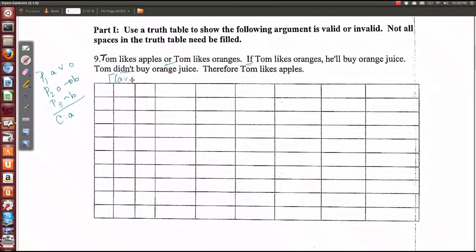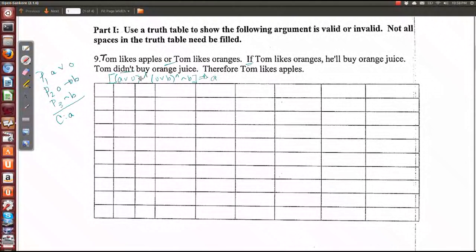So A disjunction O, conjunction O conditional B, conjunction negation B, and that this conjunction of two or more statements implies another statement called the conclusion.